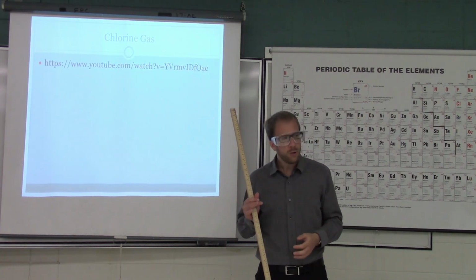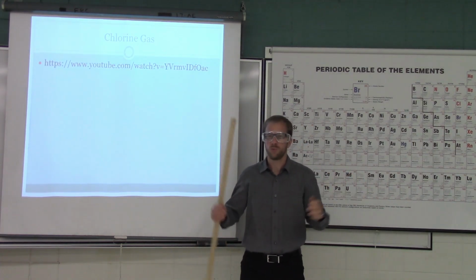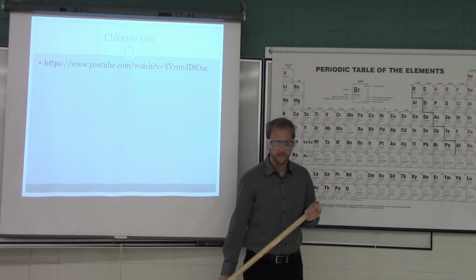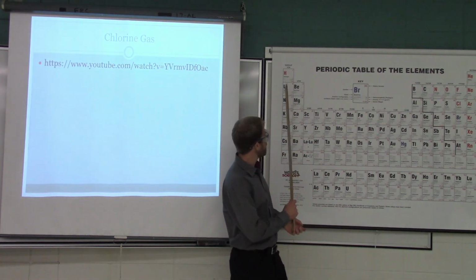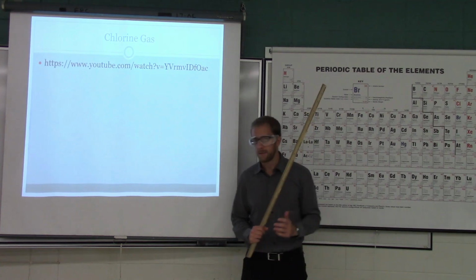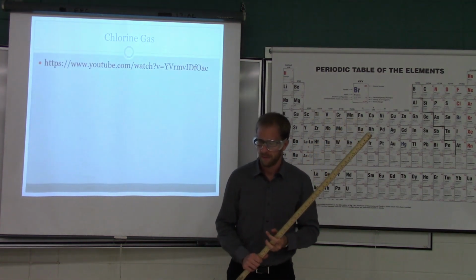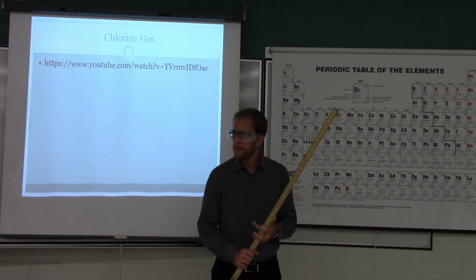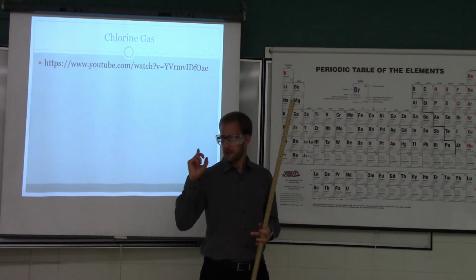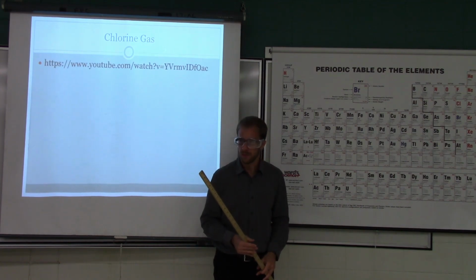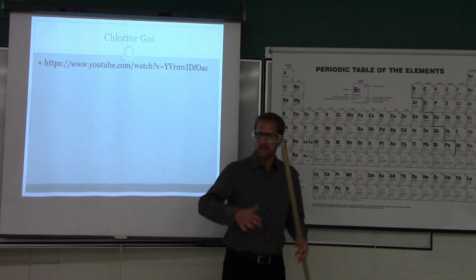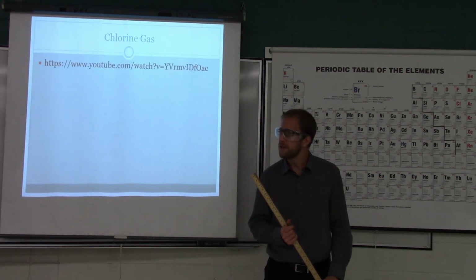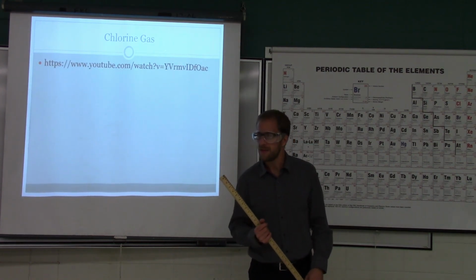So what do you think are the second most reactive families on that periodic table? We established that the alkali metals and the halogens are the most reactive. What are the second most reactive families? The chalcogens, right?